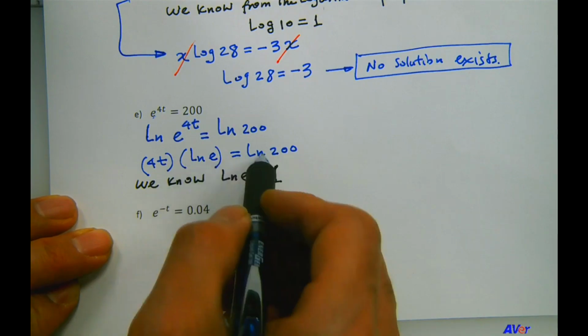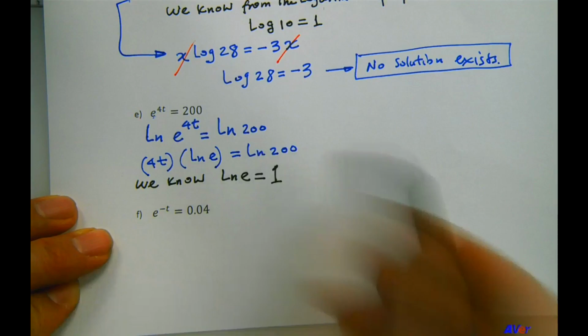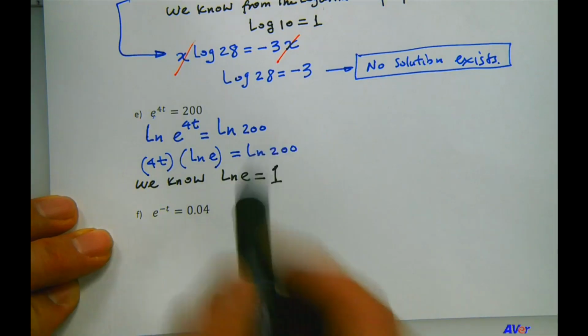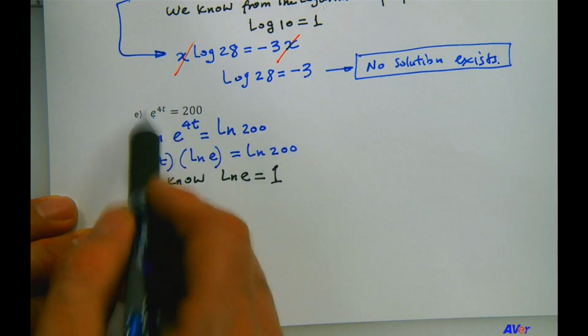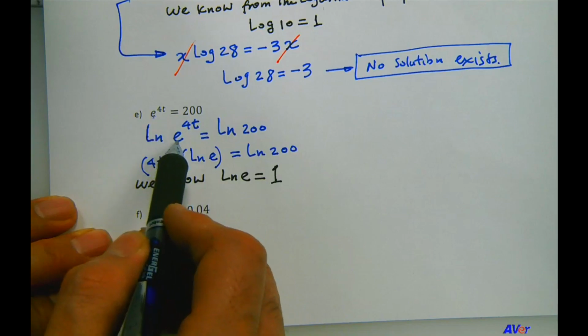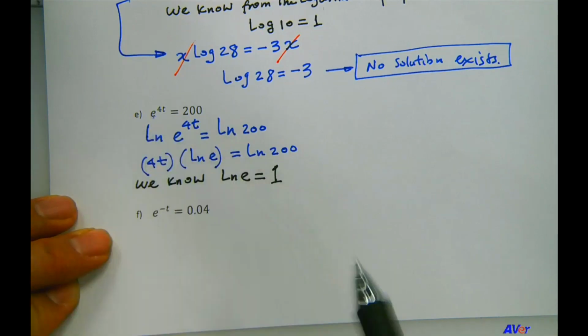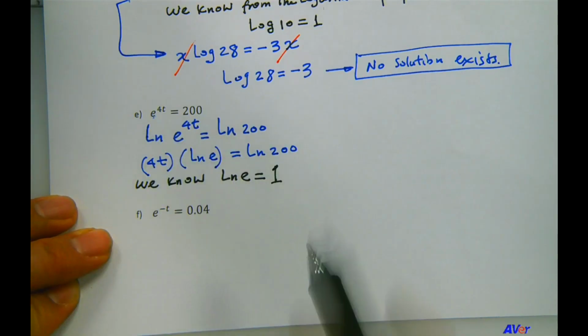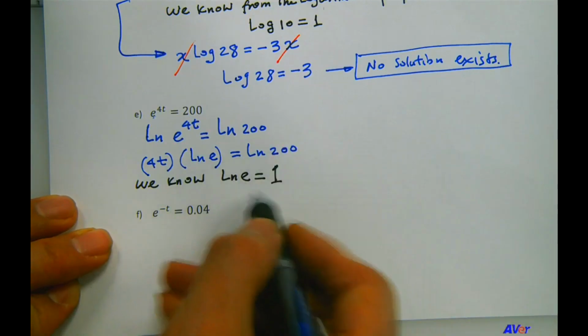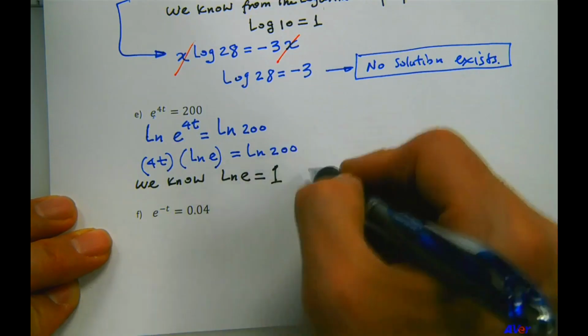But the other side would also be log of 200. So whenever the base of an exponential function is e, it's better to take the natural log of both sides, because now it's much easier.